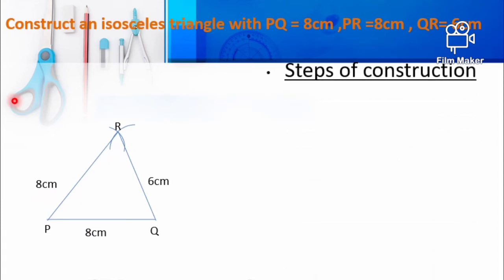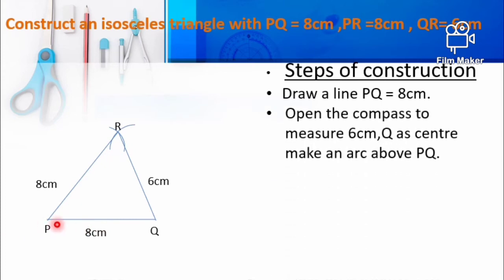Now let's start steps of construction. Step number 1, draw a line PQ. Line PQ is of 8 centimeter. In the second step, open the compass to measure 6 centimeter and with Q as a center, we drew an arc of 6 centimeter.